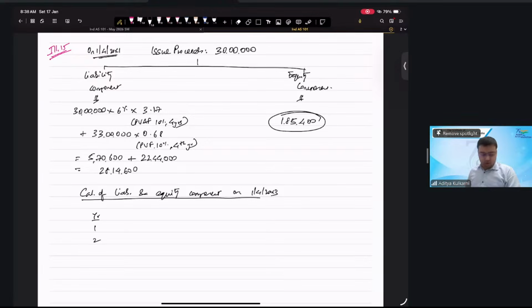Year 1, 2, opening 28,14,600, EIR at 10% 2 lakh 81,460, coupon 1 lakh 80,000. There is no principal repayment on a yearly basis. So we will be doing only coupon adjustments.